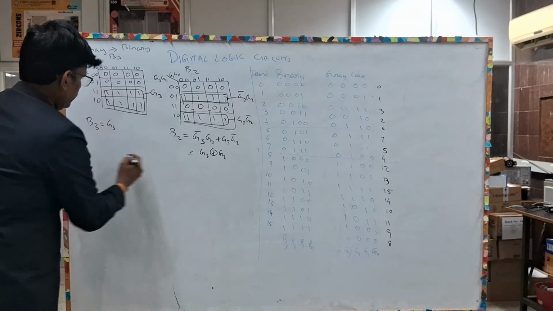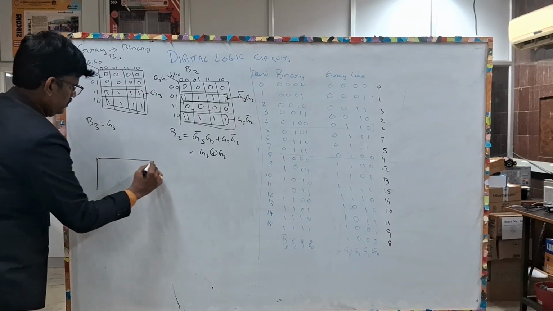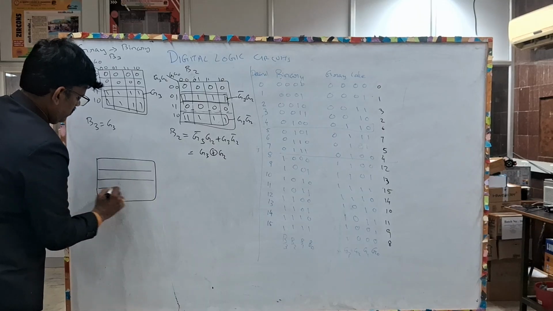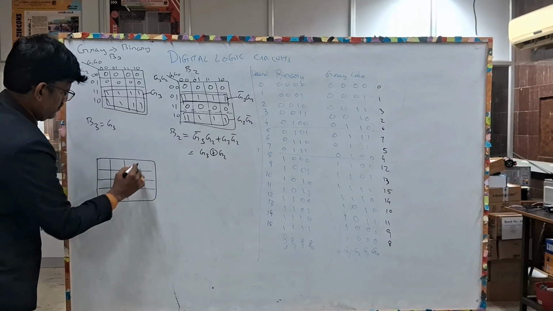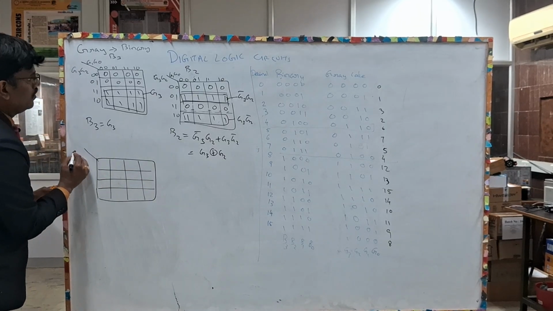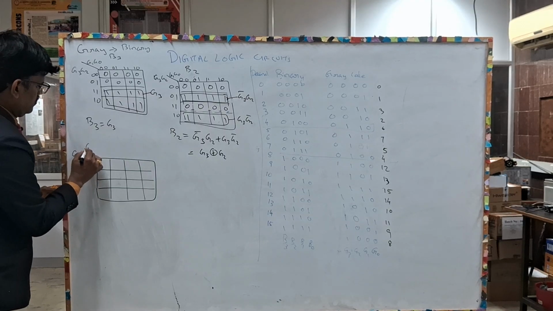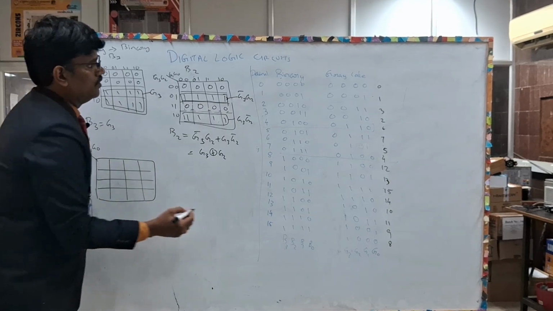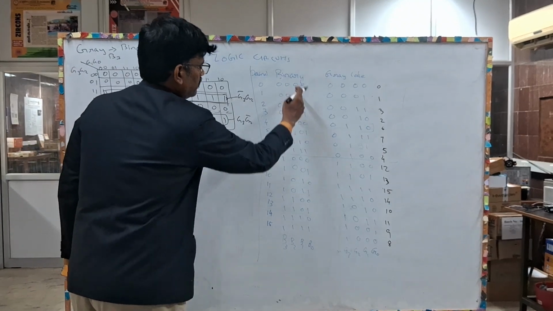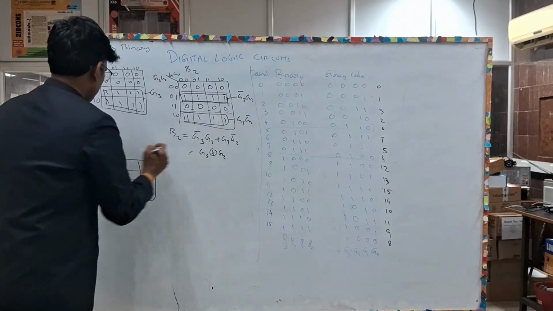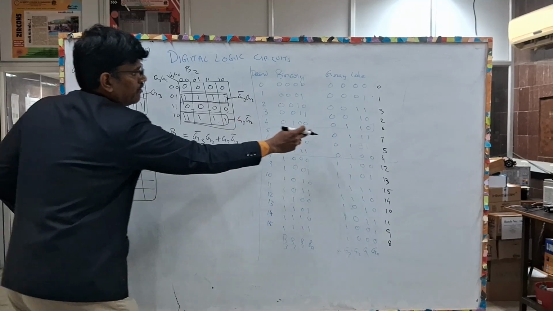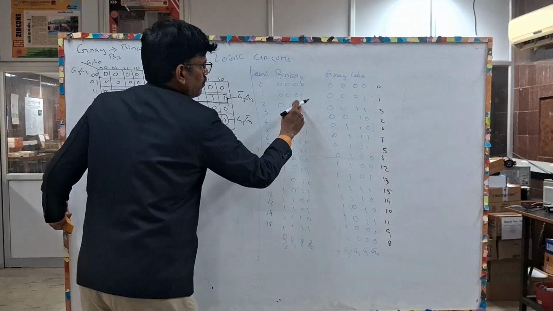And similarly we are going for this K-map for B1. So we have B1 with 0 and 1 being 0 0, and then for 3 and 2 we have 1 and 1.